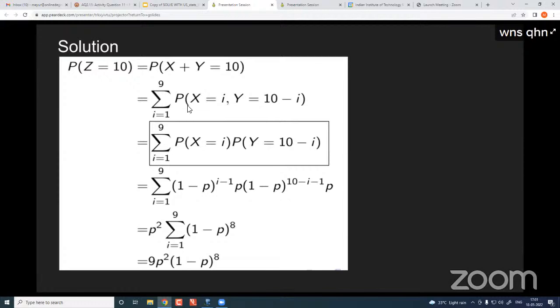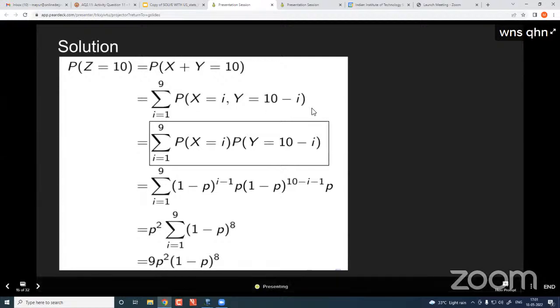If X is 1, then Y will be 9. If X is 2, then Y will be 8, and so on. If X is 9, then Y will be 1.